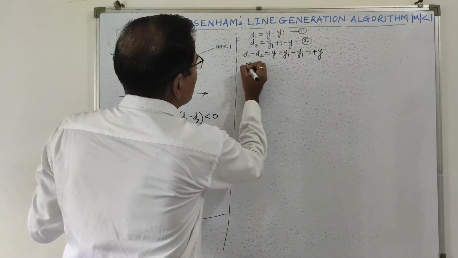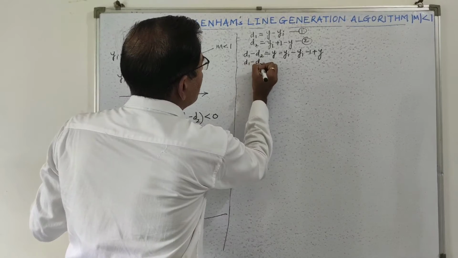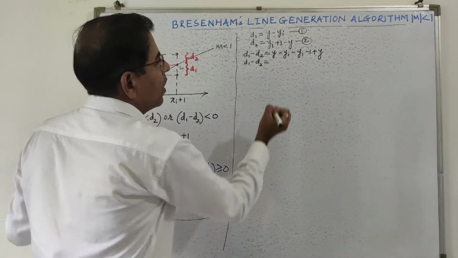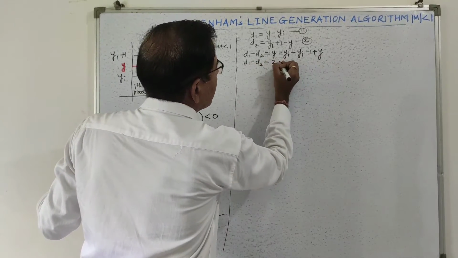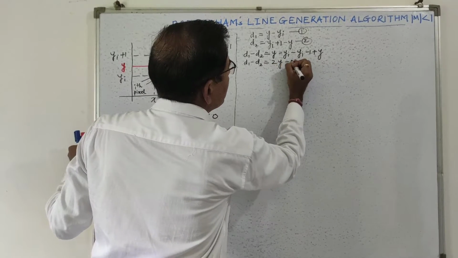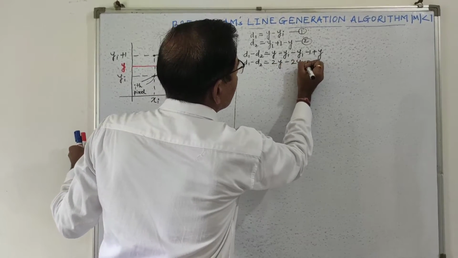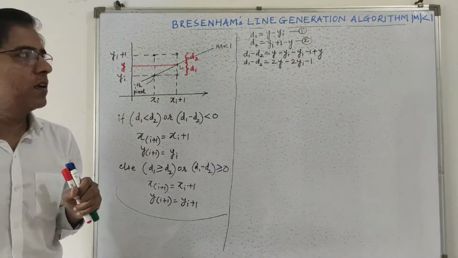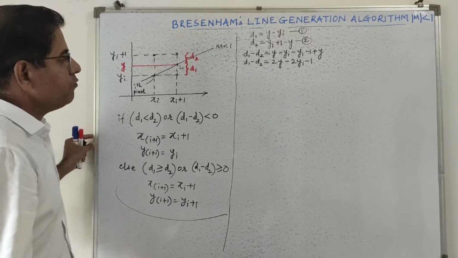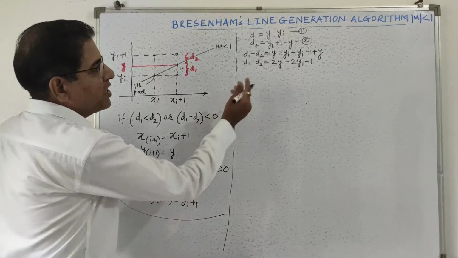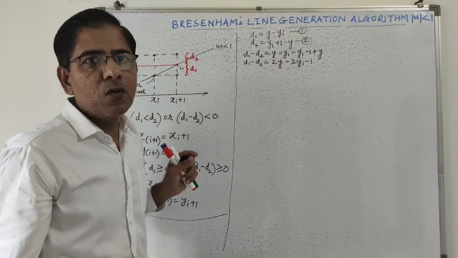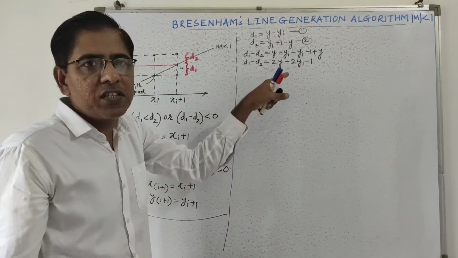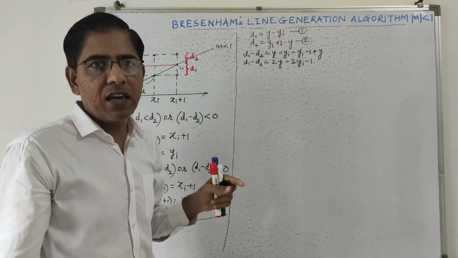So this d1 minus d2 is 2y minus 2yi minus 1. Now we try to simplify it and bring this expression in terms of dx and dy.